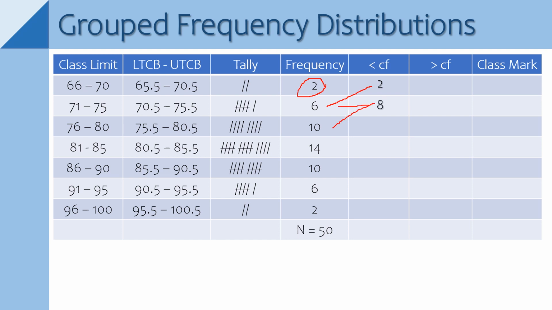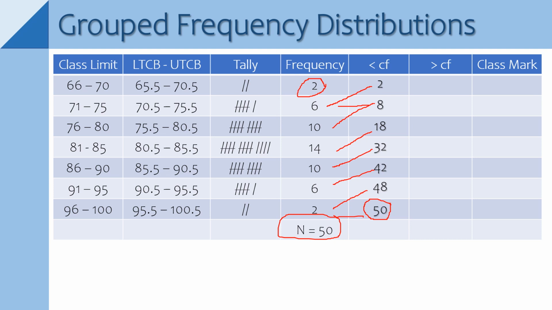Okay, 8 plus 10 is 18. 18 plus 14, so we have 32. 32 plus 10, we have 42. Okay, 42 plus 6, we have 48. And then 48 plus 2, we have 50. So, paano natin malalaman na tama tayo sa cumulative frequency? Kapag magkamuka yung 50 natin dito sa total number of sample natin or population natin.